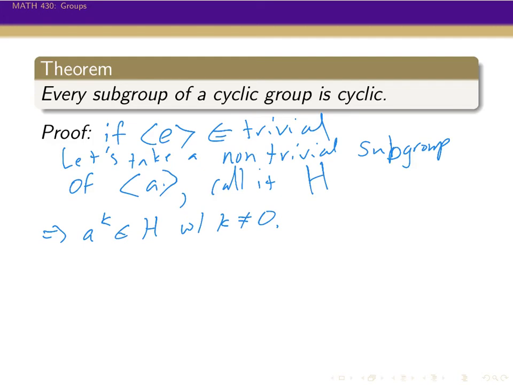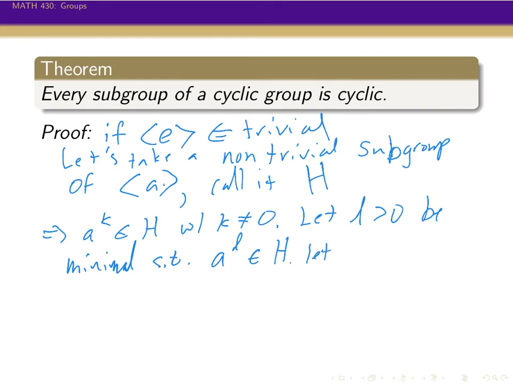So let's let L greater than 0 be minimal such that A to the L is inside H. So L is the smallest positive power that is inside H. And then let's let A to the M be any other element inside H, right?